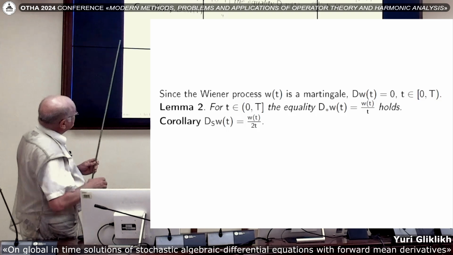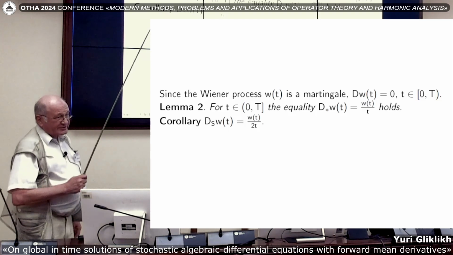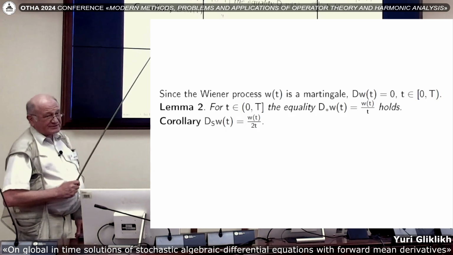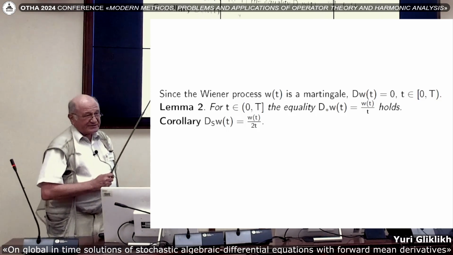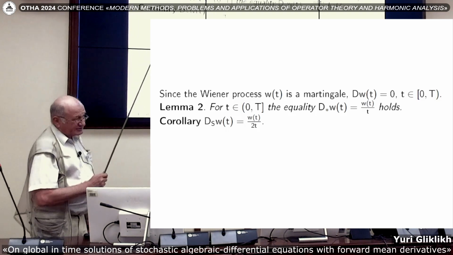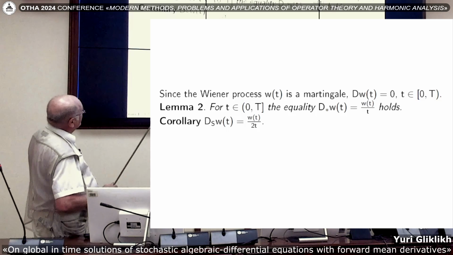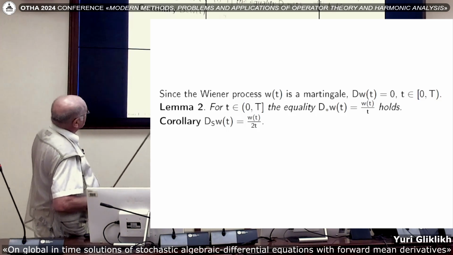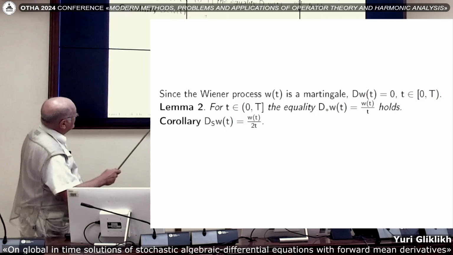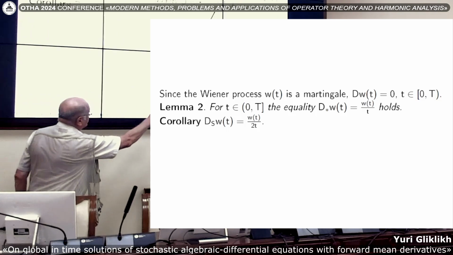Now, for a Wiener process, we can calculate everything. First of all, since it is a martingale, one can easily see that its forward mean derivative equals 0. But for the backward mean derivative, we can prove the following formula.